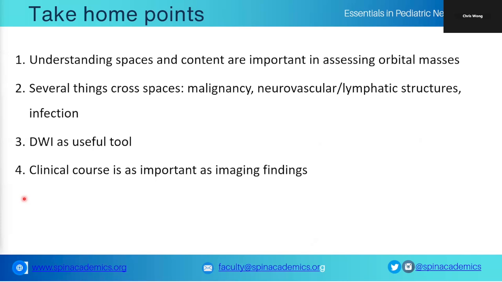DWI is a very useful tool to differentiate a vascular lesion or a highly cellular neoplastic lesion, as we mentioned in rhabdomyosarcoma. Clinical course again is as important as imaging findings, as illustrated in capillary hemangioma and rhabdomyosarcoma.